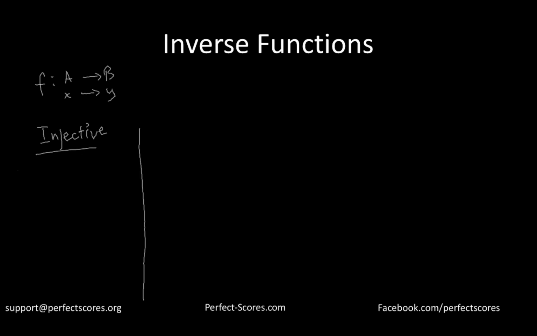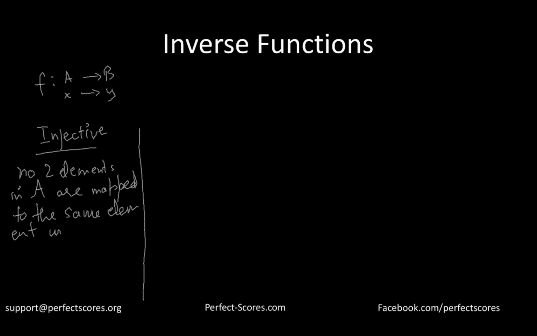So what are injective functions? Where no two elements in A are mapped to the same element in B. Graphically speaking, if x1 is not equal to x2, that would mean that f of x1 is not equal to f of x2.